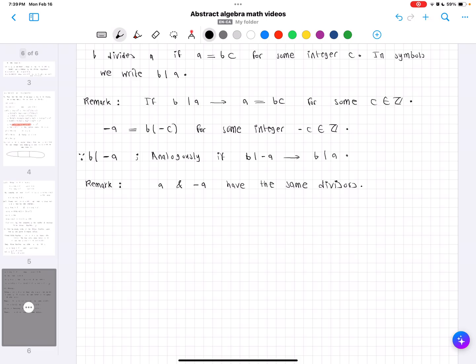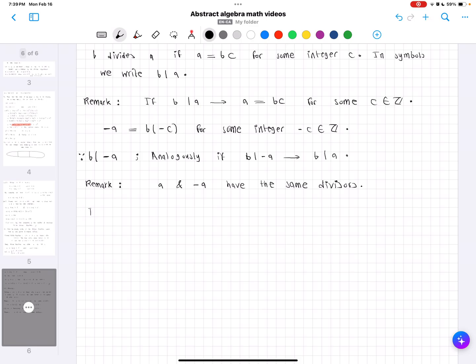So let's do a couple more analyses about the divisors of A. First of all, the reason I said you repeat B a certain amount of times to reach A is because of the following statement.